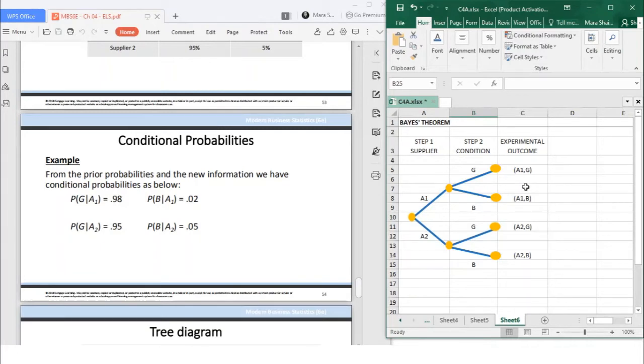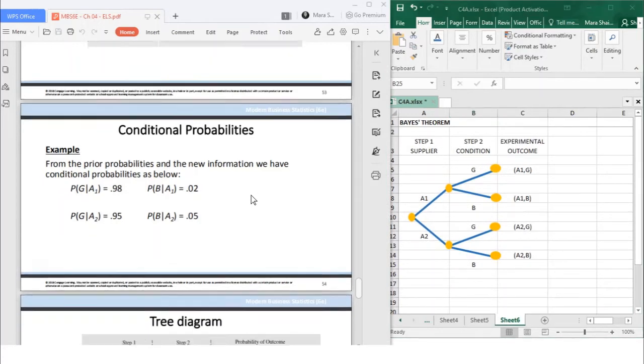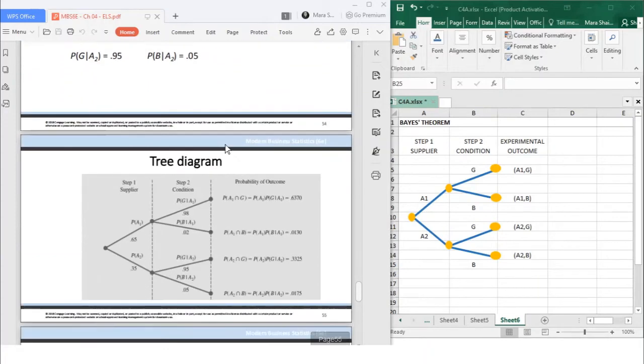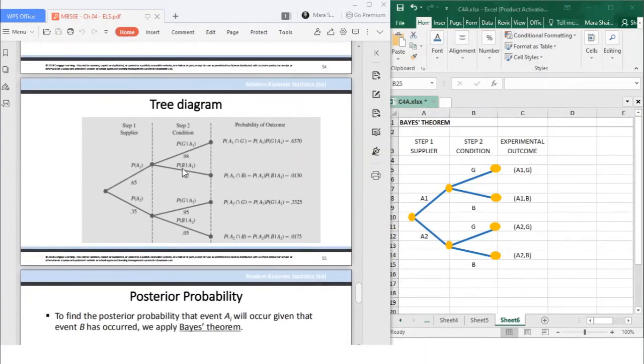Now, if we try to put in our probabilities, this is what comes out. You have here the probability of supplier 1 is 65% and supplier 2 is 35%.